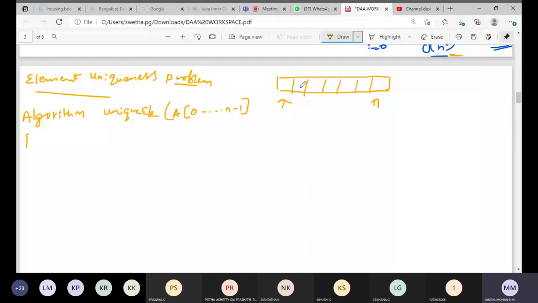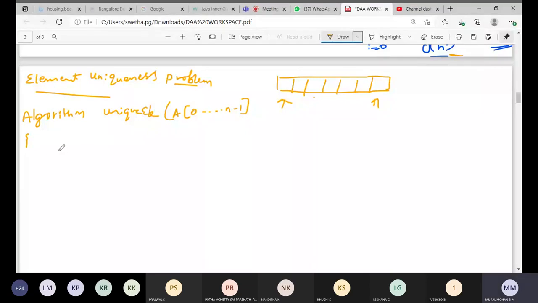First we take this element, and it will be compared with all the elements of the array. Next time we take the next element, and again compare it with all the elements of the array. I take one element as fixed, and it is compared with all the elements of the array; next time the next element is fixed. So here we need two looping statements.